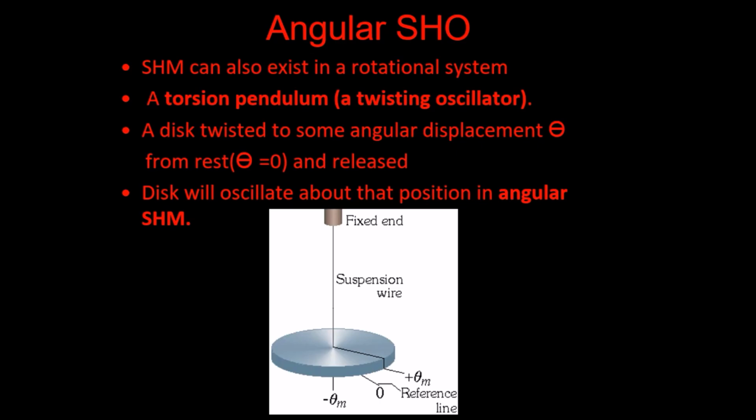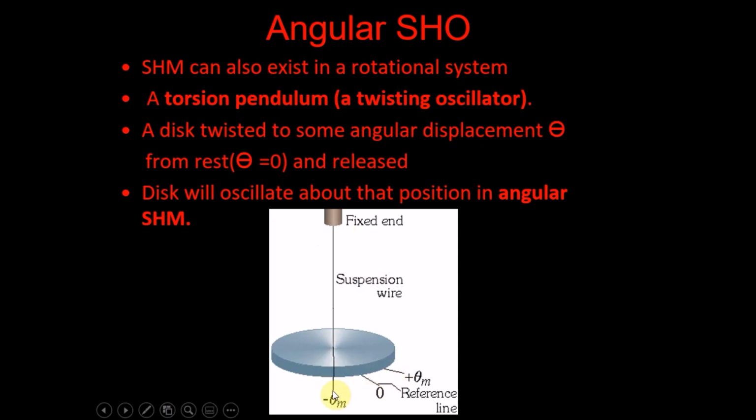What we didn't look at was the case of a rotational system, or in this case, a torsional pendulum, a twisting oscillator. In this particular case, we take a line and attach it to a solid disk. The disk is then displaced from some zero point and released. This will cause the disk to oscillate between two positions, two angles.